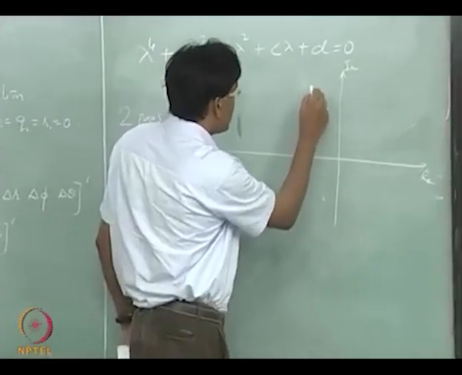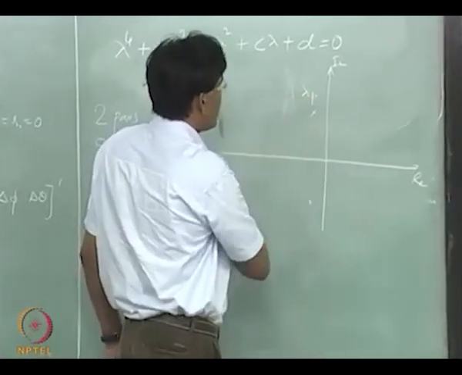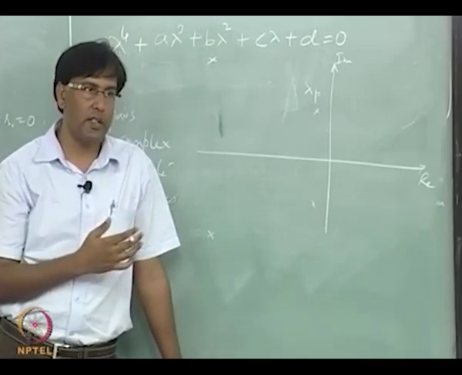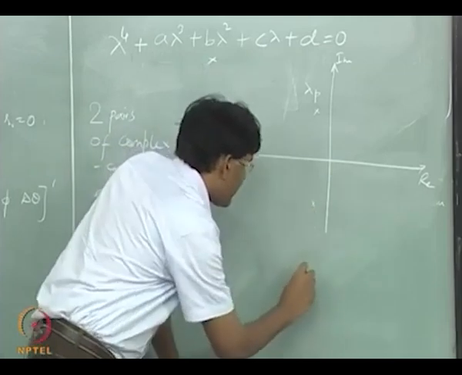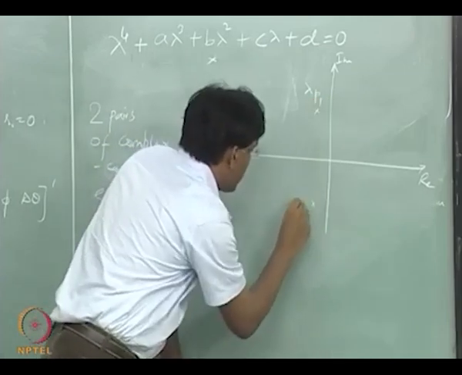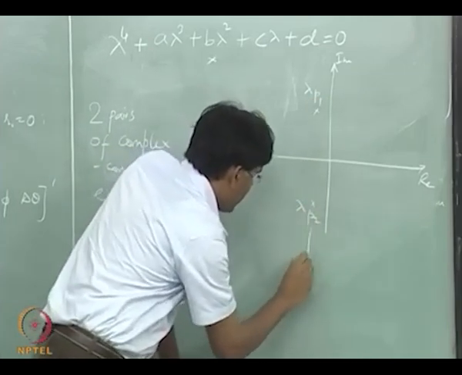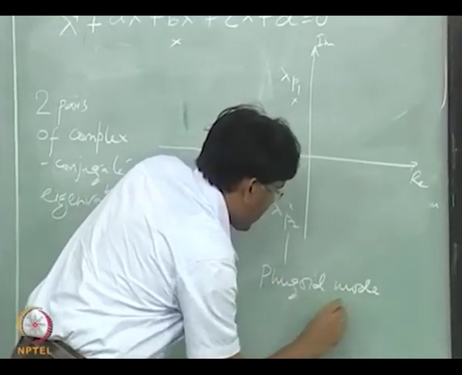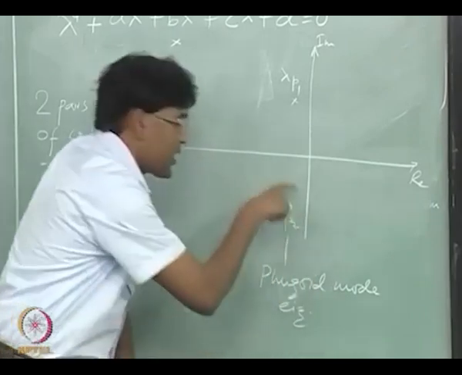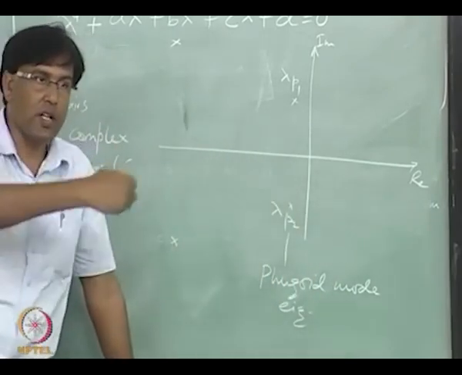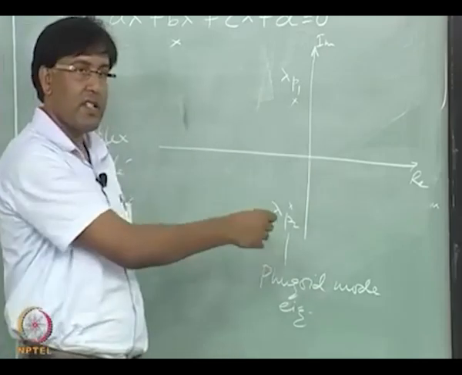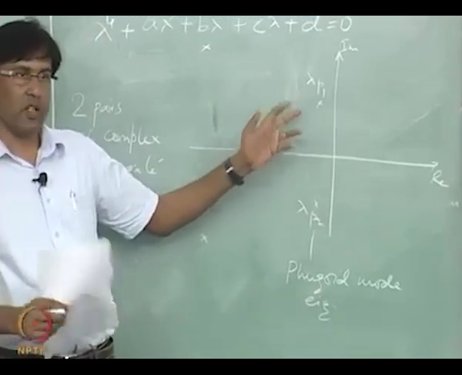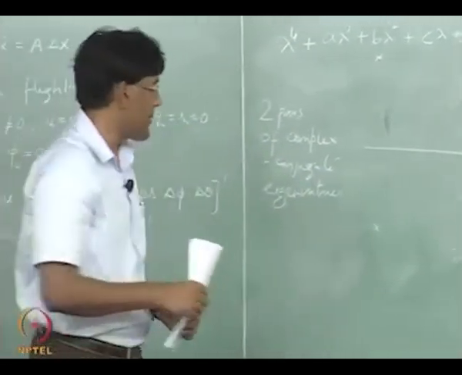This pair is called phugoid, because it is associated with a longer time period, is closer to the imaginary axis, has less damping, and the frequency is low, so the time period is high.